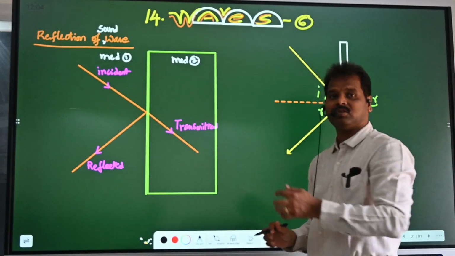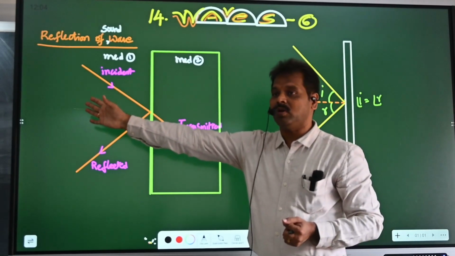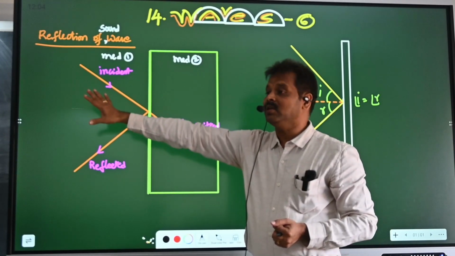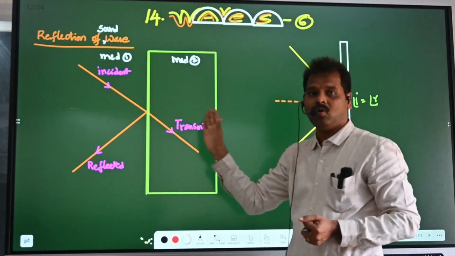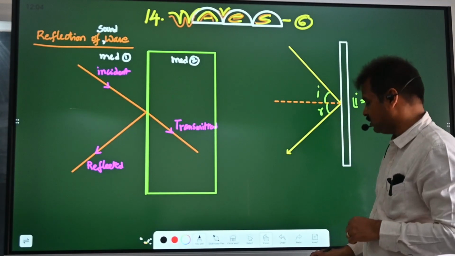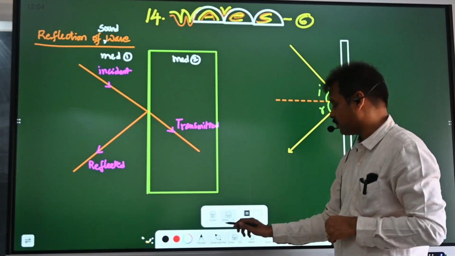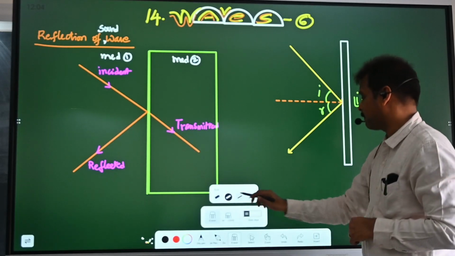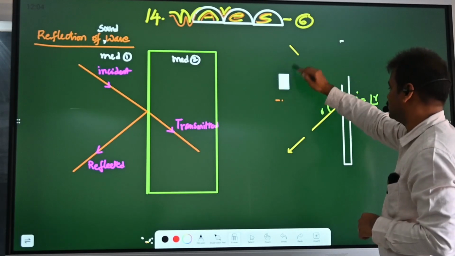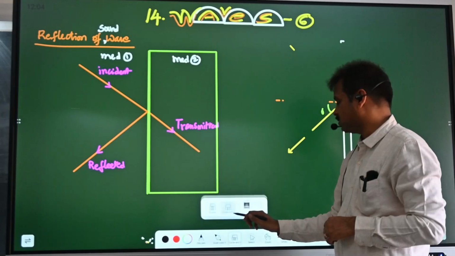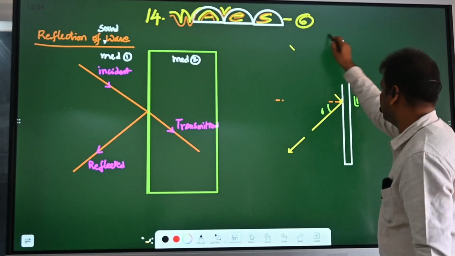So what are the changes that take place when a sound wave or a light wave travels from one medium to another medium? We have discussed that in our school standard.